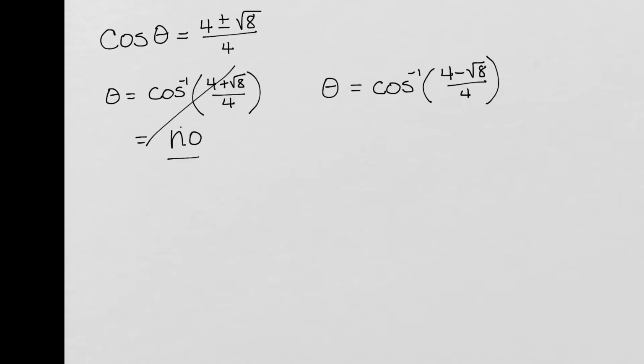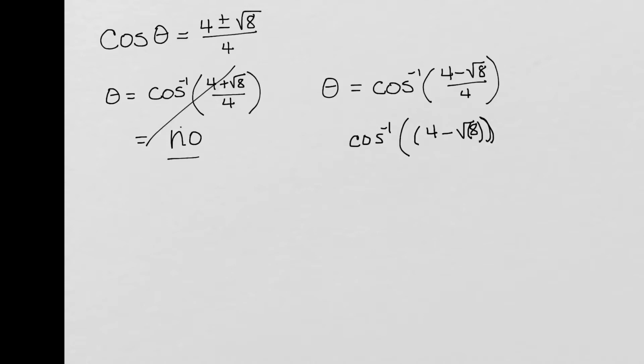So now I have cosine inverse of the quantity 4 minus the square root of 8 over 4. And when you're putting this into the calculator, again, just be very careful. If you're going to type it in all at once, you're going to have to type in another set of parentheses. It's easy in the heat of the moment to forget about this. And your calculator may open up a parenthesis for the radical, so you need to close that, and then another close.